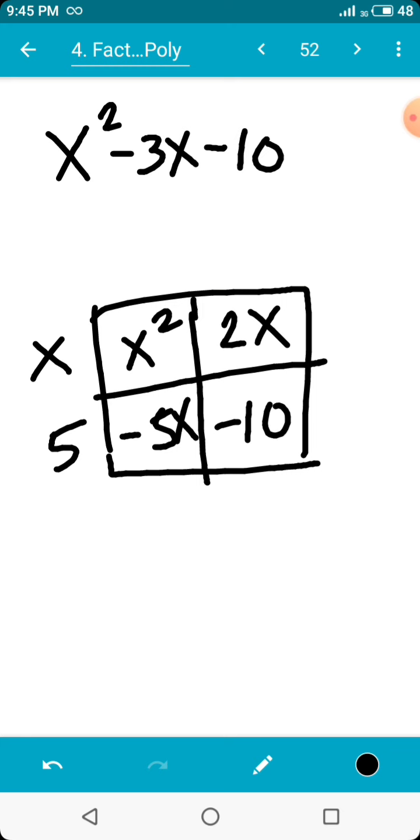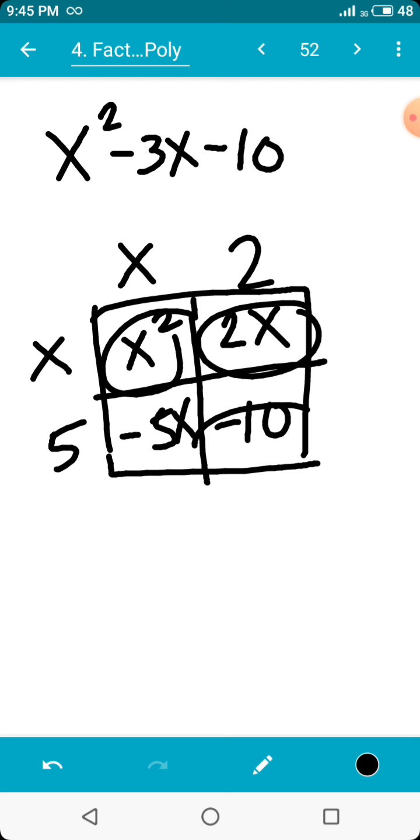So, hindi na natin inano si x kasi wala naman x si 10. Okay? Now, dito naman, ang common factor nila ay x ulit. And then, dito naman, ang GCF nila or common factor na mataas ay 2. Okay? So, yung iisipin na lang natin is ano yung magiging sign ng 2 at saka ng 5. So, i-multiply natin sila at dapat ito yung lumabas.